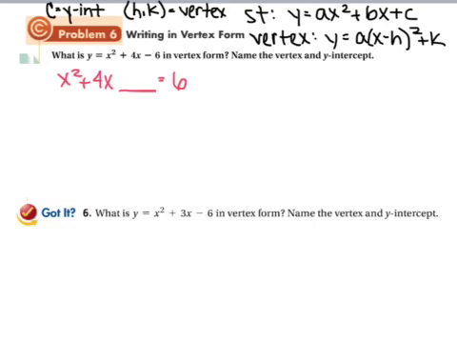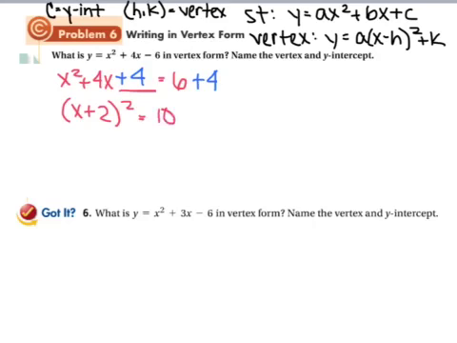Now I need to complete the square. b divided by 2 squared. 4 divided by 2 is 2. 2 squared is 4. So I'm going to add 4. So now I have x plus 2 quantity squared equals 10.